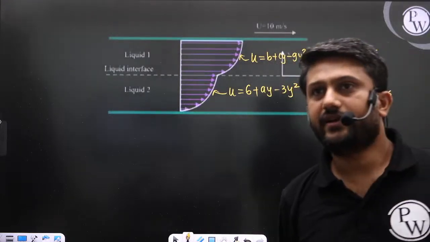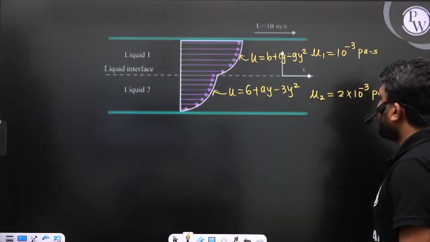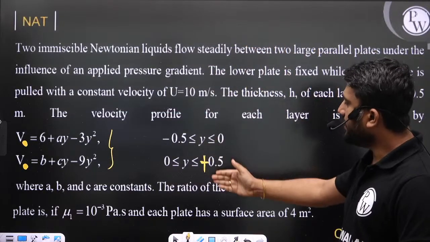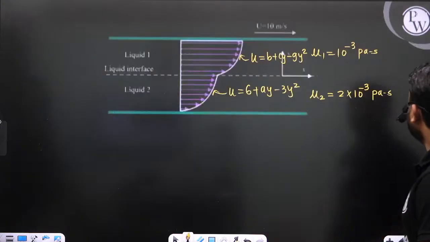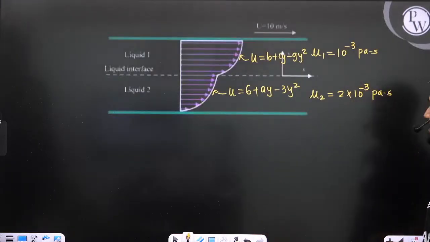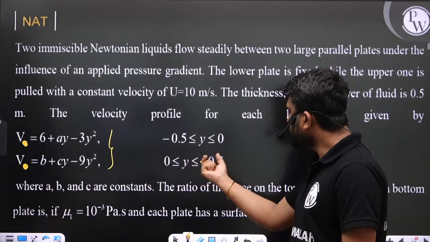Is it clear to everyone till this point? Okay. If you see this question, mu2 is not mentioned in the problem, but mu2 is given, beta. There is a typing error, and that mu2 is 2 into 10 to the power minus 3 Pascal second. Also, this is not minus 0.5, this is plus 0.5.